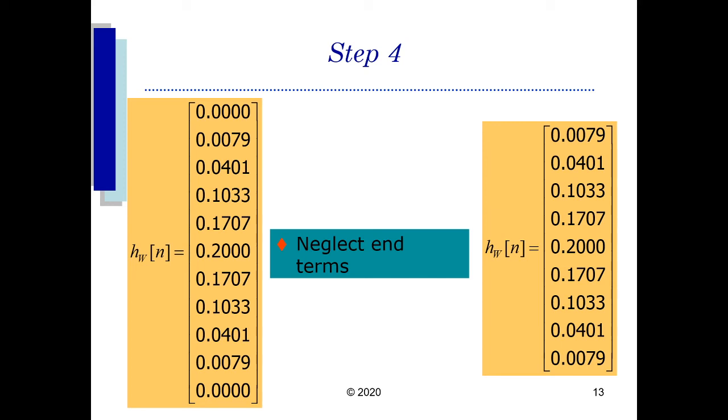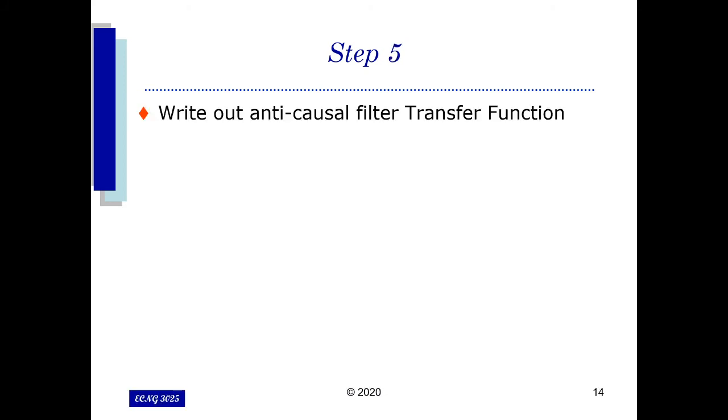So now that we have hw of n here on the right hand side, we can now formulate our filter equation in terms of z. And that brings us to step 5. This filter equation in terms of z is going to be an anti-causal filter transfer function.